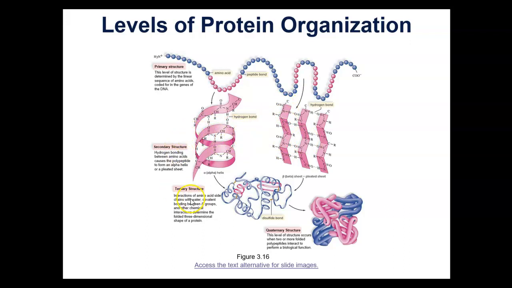The tertiary structure is a combination of the alpha helixes and the beta pleated sheets, and they're just kind of all twisted into a three-dimensional shape. That's the tertiary structure. And then this particular quaternary structure has 4 tertiary structures attached. So this is just a combination of more than one tertiary structure.